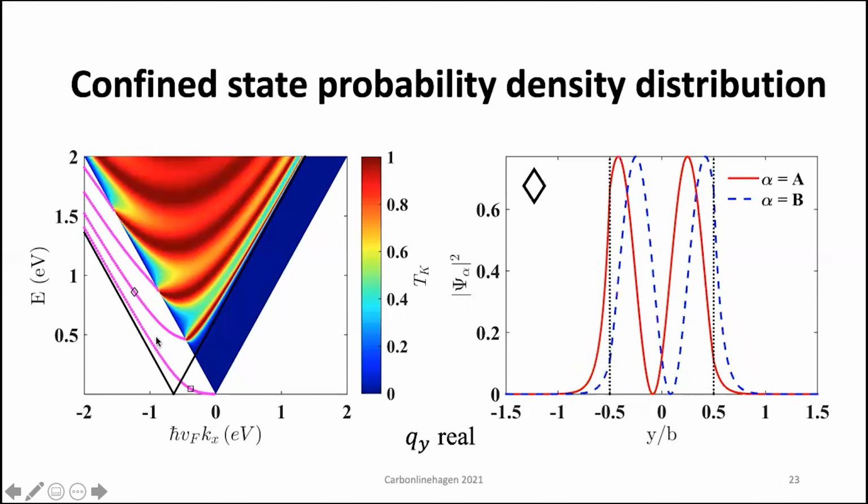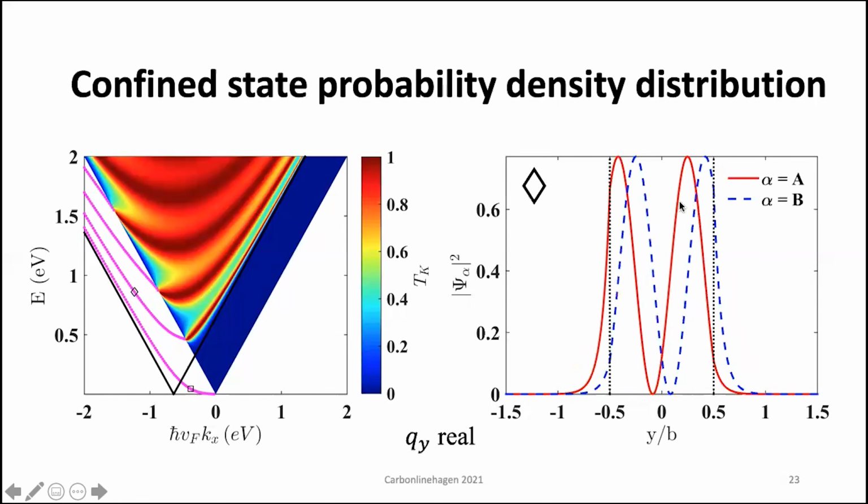What happens with a state that is dispersive here? Where does this state live? Well, the wave function corresponding to this state is also a multi-peak structure, in this case a four-peak structure, in which I can see that the peaks exist inside the barrier.